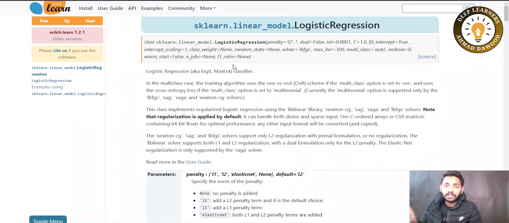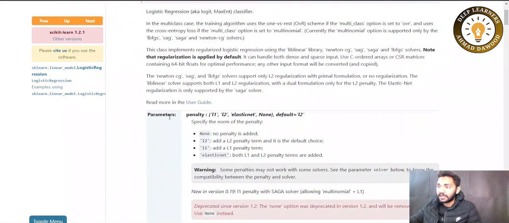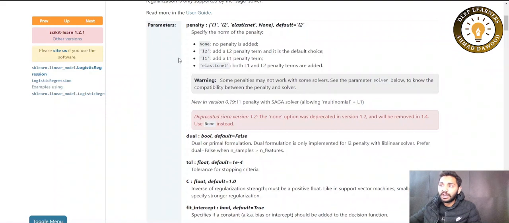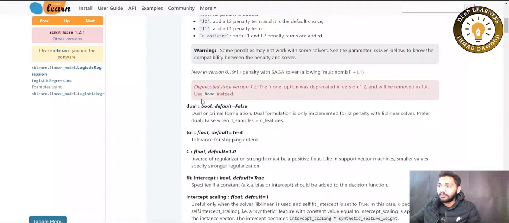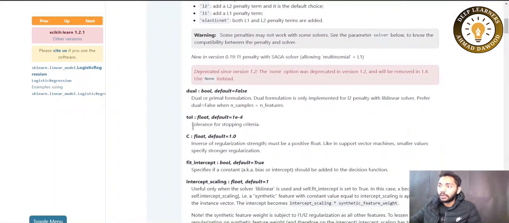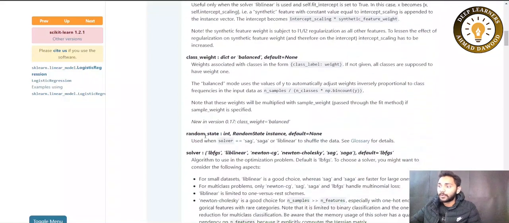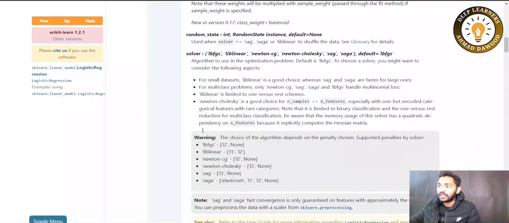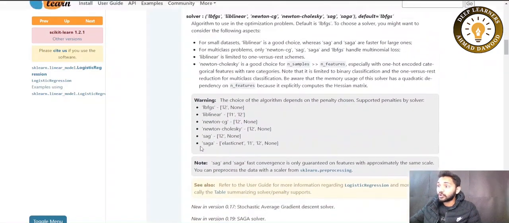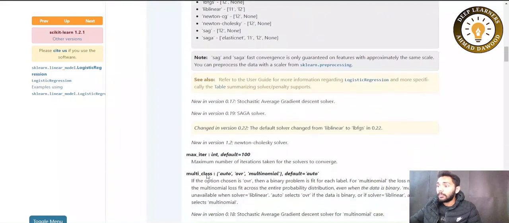So these are called the model parameters, while on the other side, the parameters that are listed here all fall under the hyperparameters, in which there are penalty, dual, tolerance, C, fit intercept, class weight, random state, solver, which solver you want to use, and max iteration.